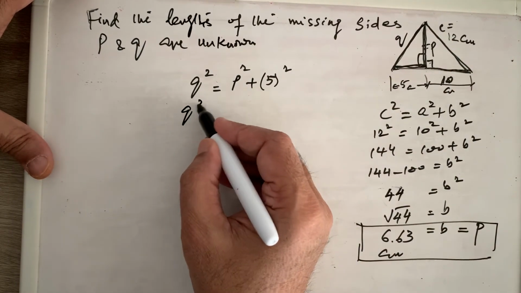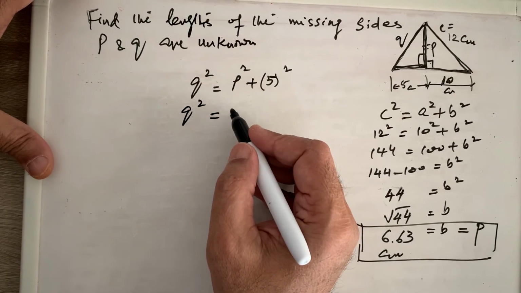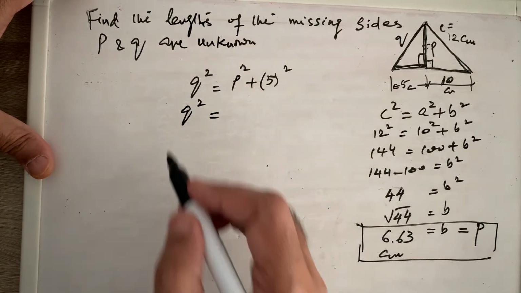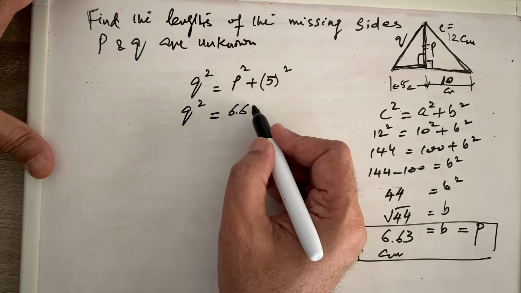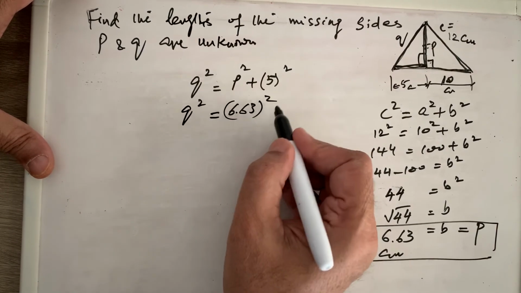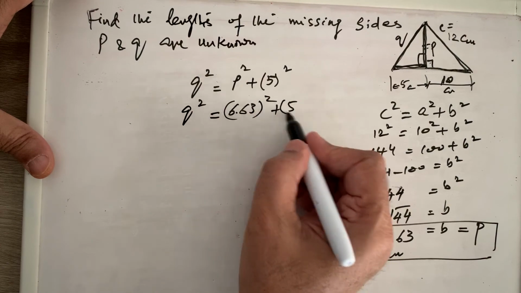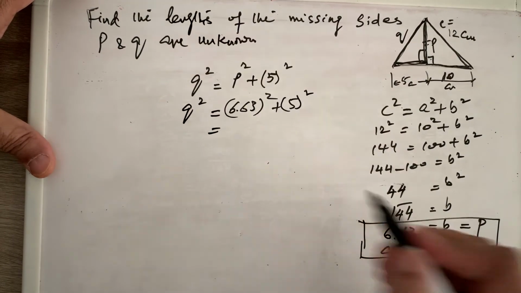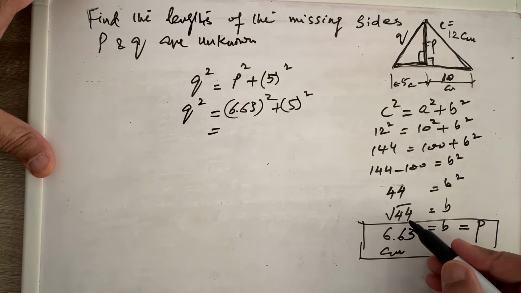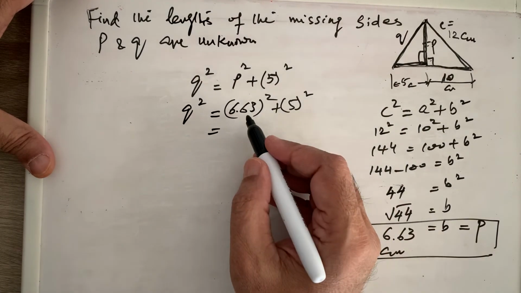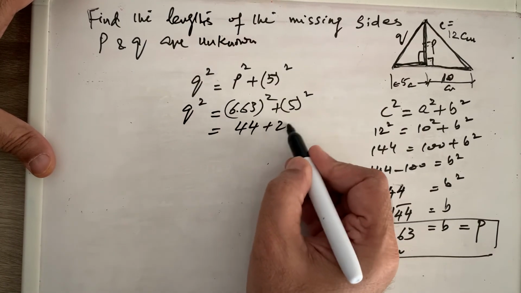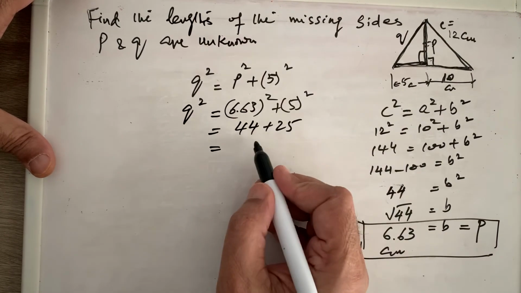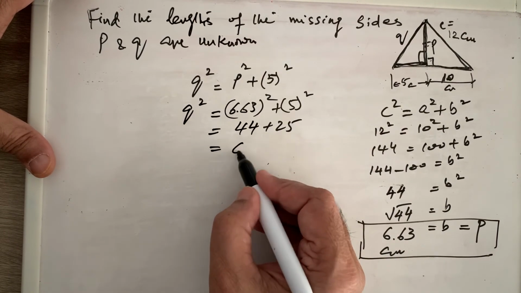The unknown here is Q. P is known, which we calculated in the first part, 6.63 whole square plus 5 whole square. 6.63 whole square, we know it comes back as 44, right? So 44 plus 25. If we add them up, it comes out as 69.